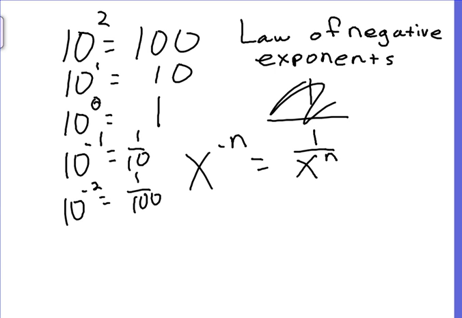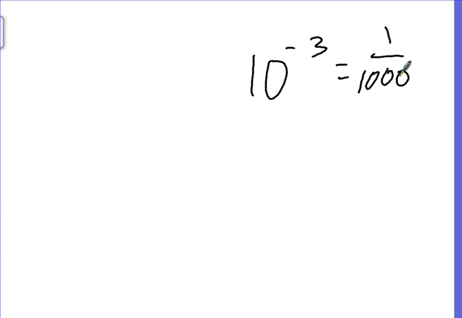All right, so taking that law, you tell me the answer to this one. What is 10 to the negative third equal? 1/1000. Very good. You guys catch on quick. Nice work. All right, does that make sense? So far, so good?